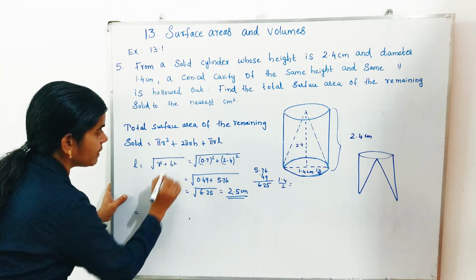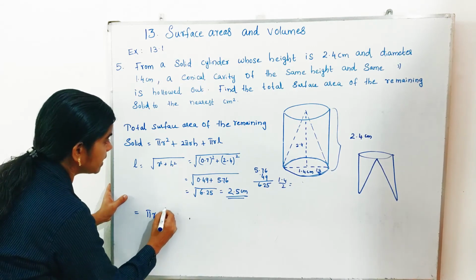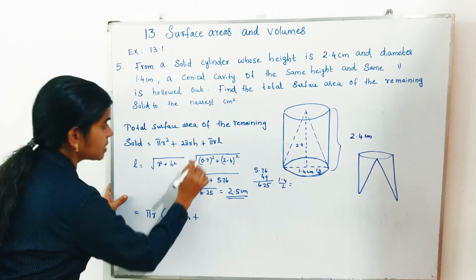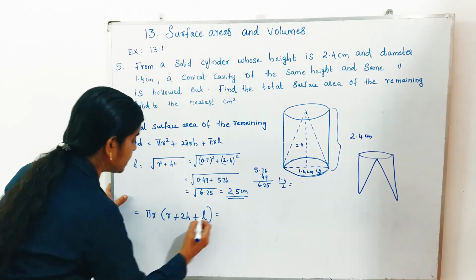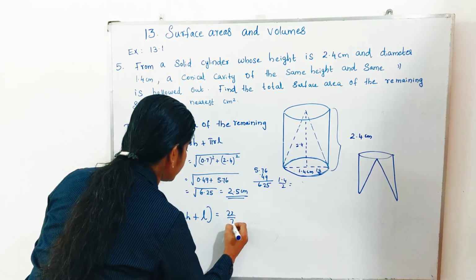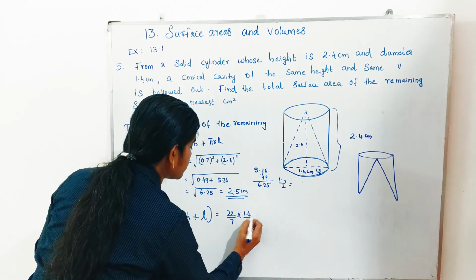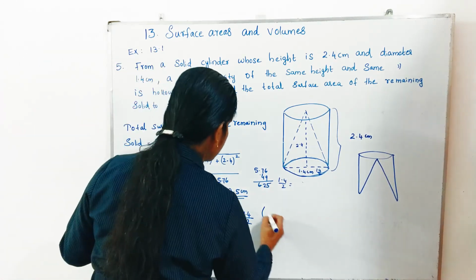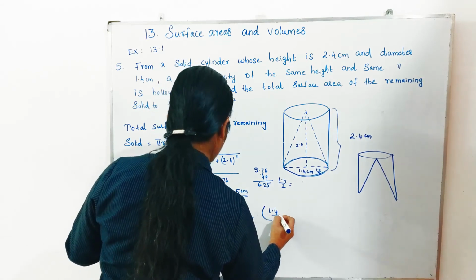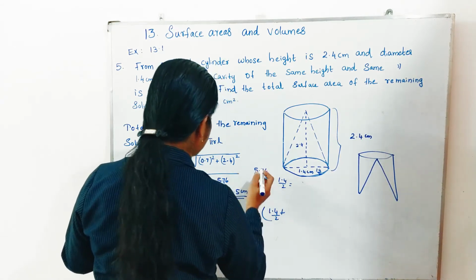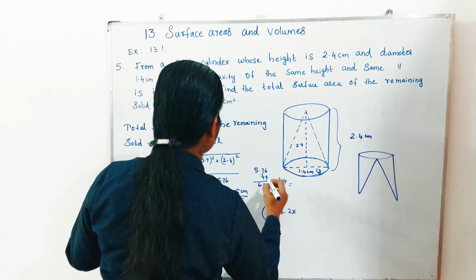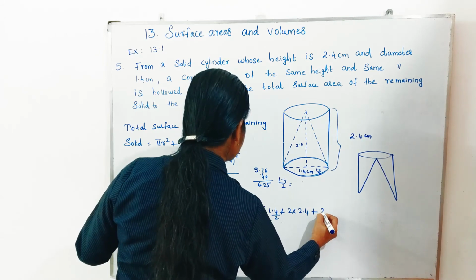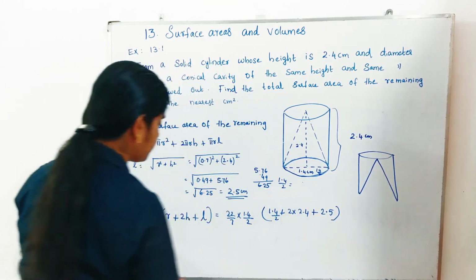The common factor will be pi r, that I am taking outside. Inside will be r, next 2h, plus next L. Then substitute the values. 22 by 7 into 1.4 by 2, then r is equal to 1.4 by 2, plus 2 into h, that is 2 into 2.4, plus L is equal to 2.5.